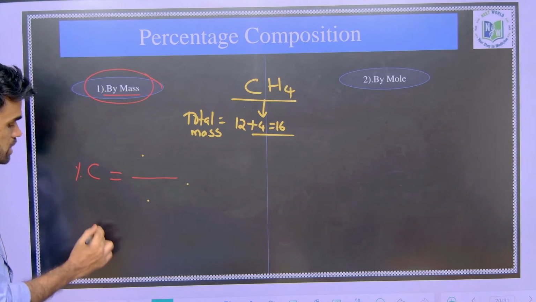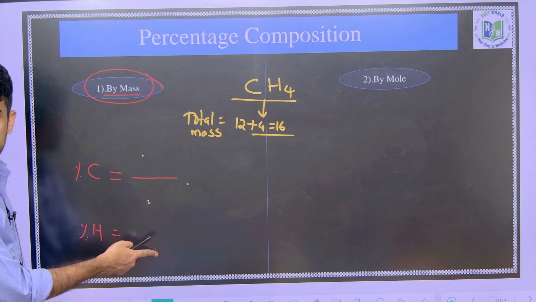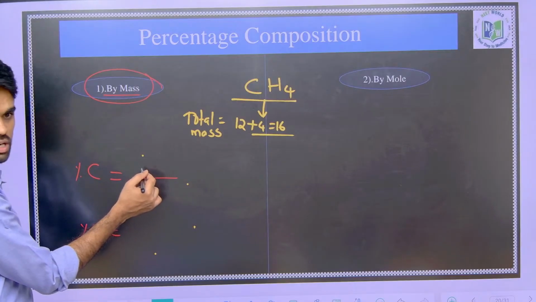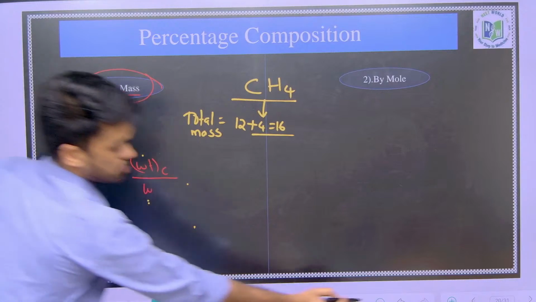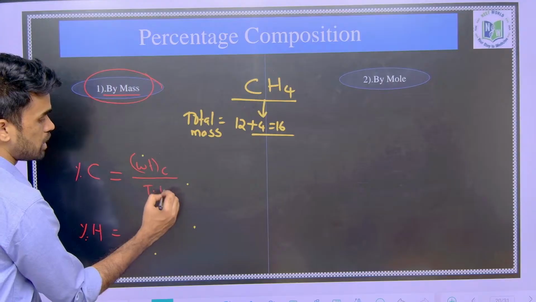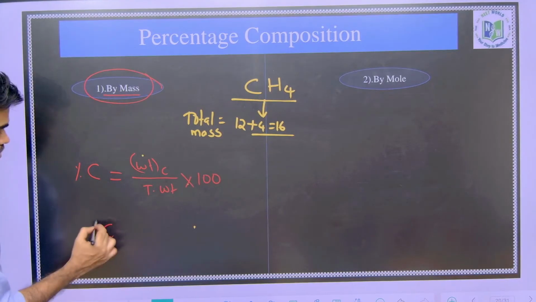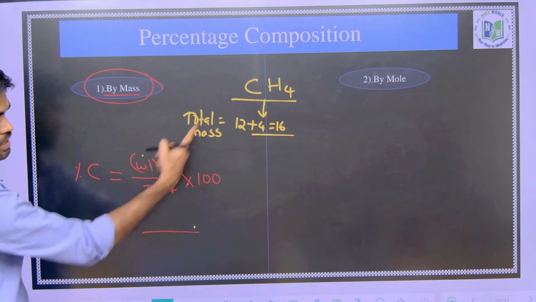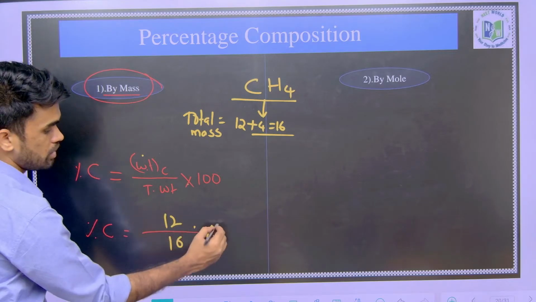If I ask for the mass percentage of hydrogen, what should we say? Mass of hydrogen by total mass into 100. Let's write one formula: weight of whatever they are asking by total weight into 100. Weight of carbon is 12 by total weight 16 into 100.